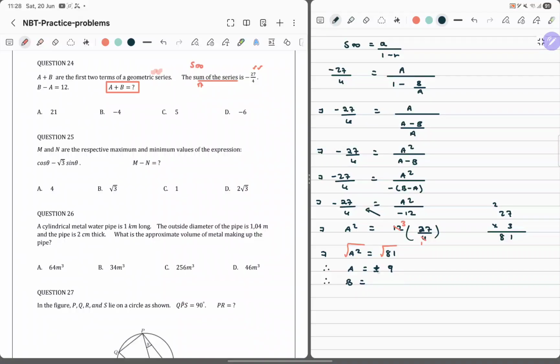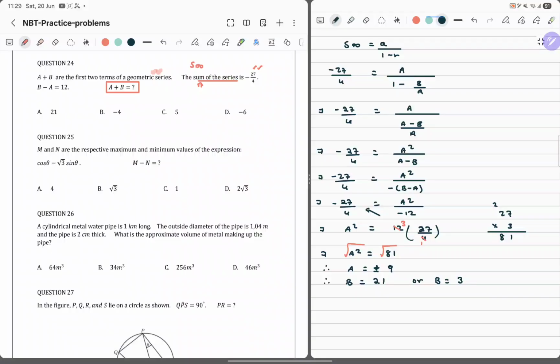Don't lie. You cannot say that. It's 21, right? Yes, 12 plus 9, 21. Or b is equal to, let's say a was negative, so this would be a plus 9. Bring it across, 12 minus 9 gives us a 3.